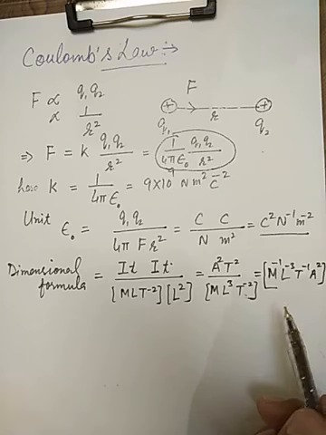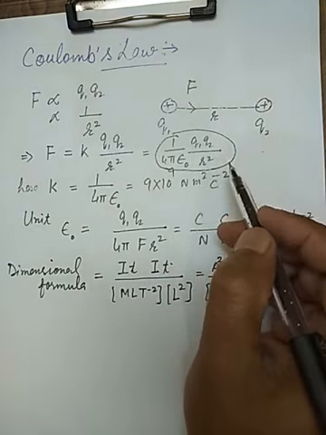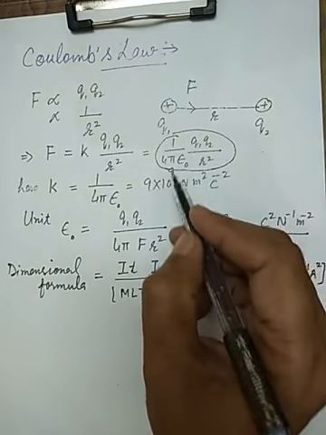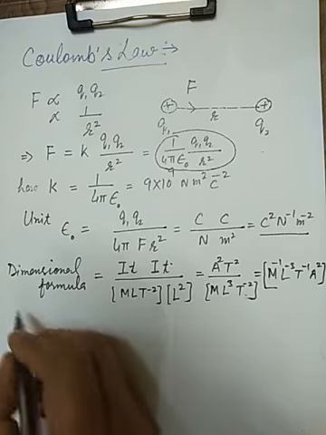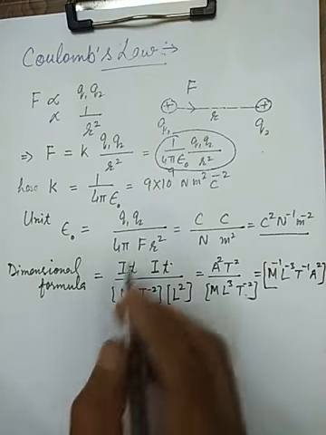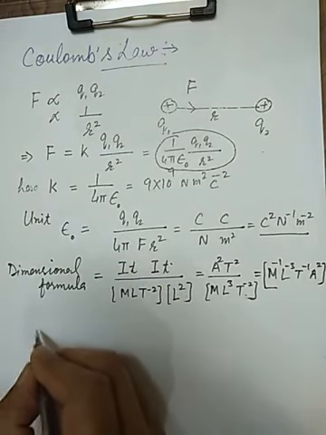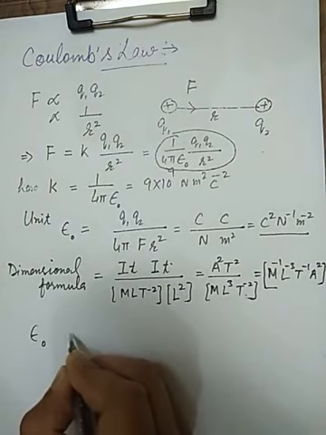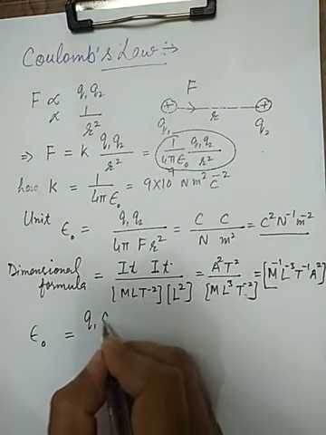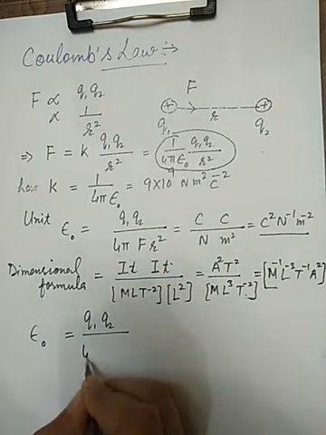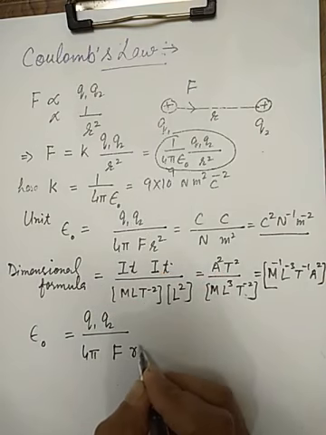With this relation, we are also able to find its value. From here, epsilon naught equals q1 q2 over 4 pi F r square.